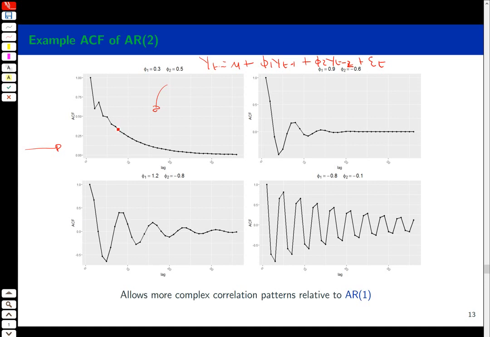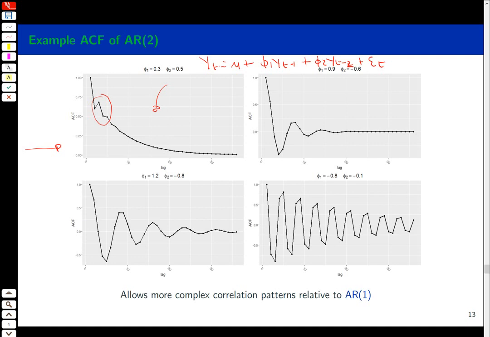This is the reason why deriving the correlation function is really important. It tells us what kind of correlation patterns are consistent with a particular model. So we've seen the types of correlation patterns which are possible with an AR1.